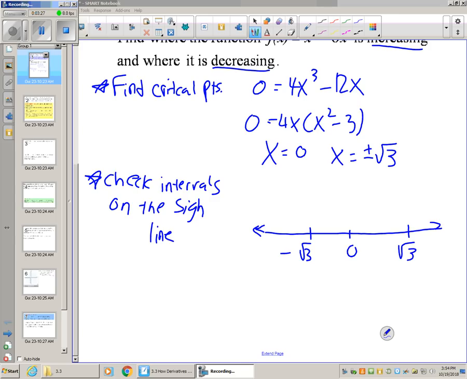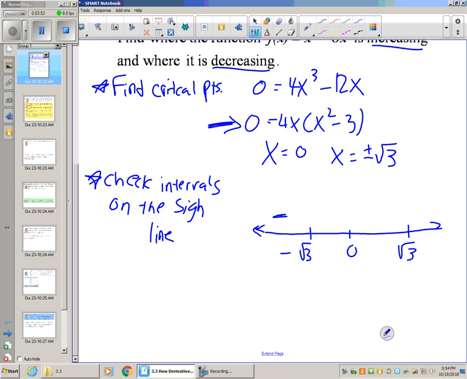Plugging values into our derivative function, if I plug in, say, negative 5 or negative 10 or something like that, we'll have some negative value times some positive value, so it would be negative right here. Say I plug in a value between negative square root of 3 and 0, say negative 1.